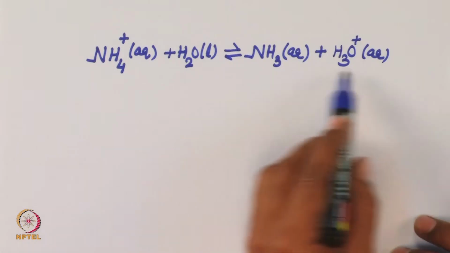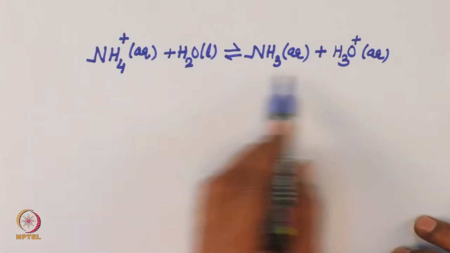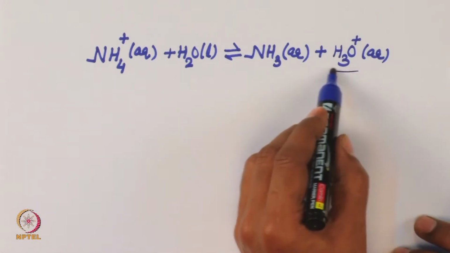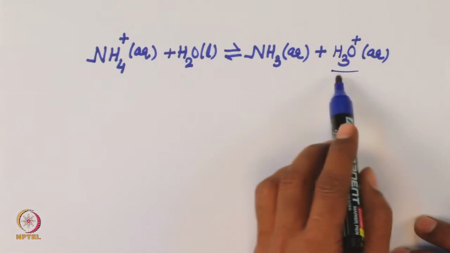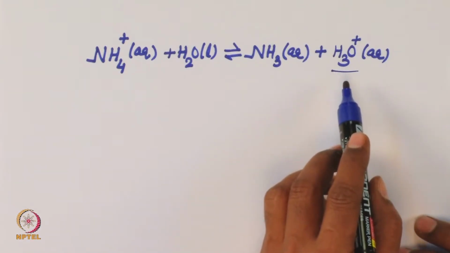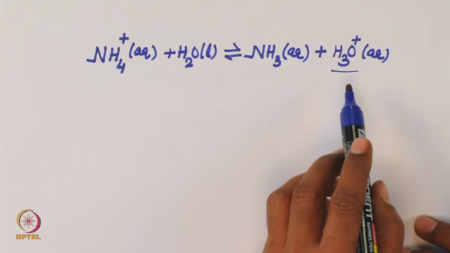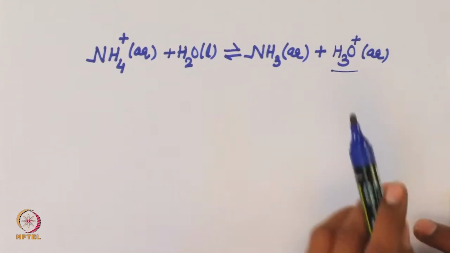And based upon this equation, we want to calculate the concentration of H3O plus, and if we know the concentration or molality of H3O plus, then from the activity coefficient we can calculate the activity.